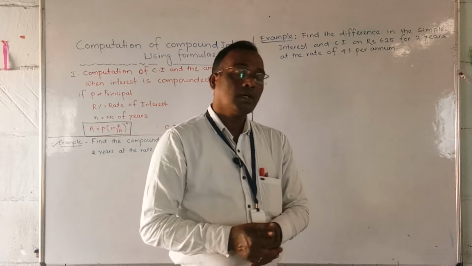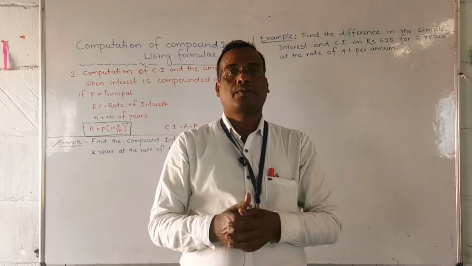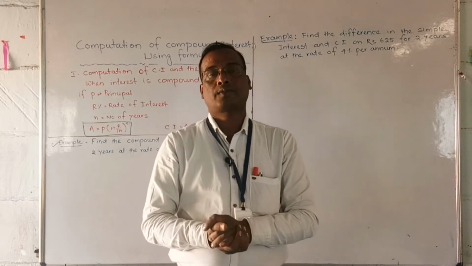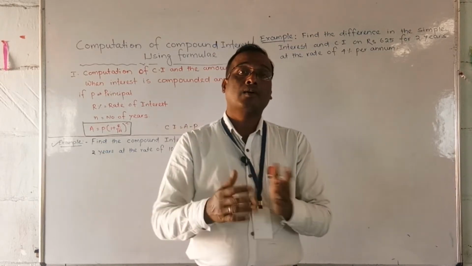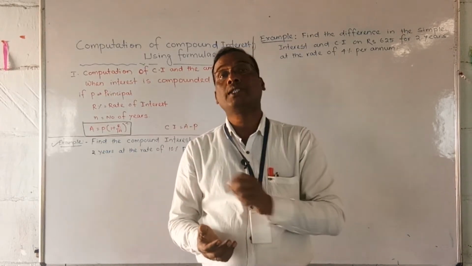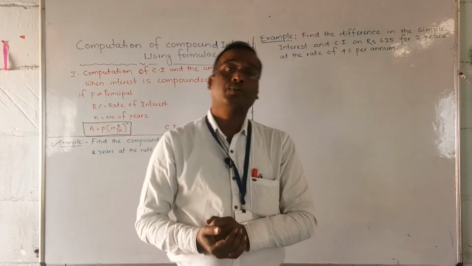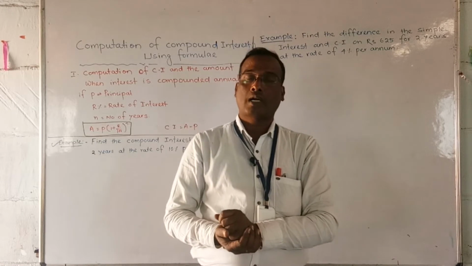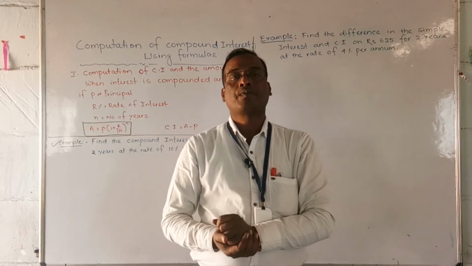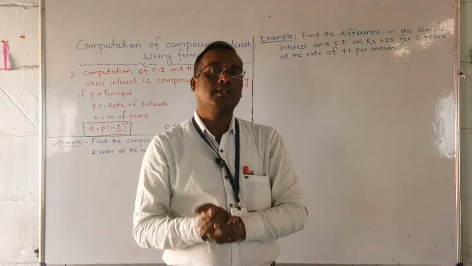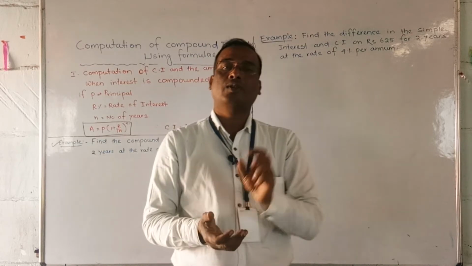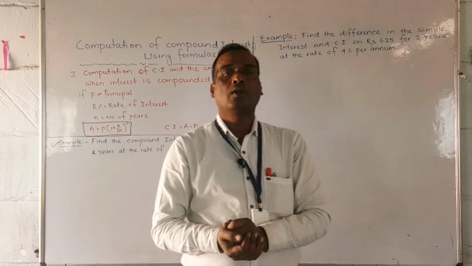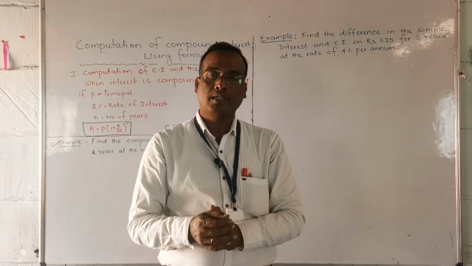Students, today we will learn the computation of compound interest when the interest is compounded annually, by using the compound interest formula. There is one special formula for interest compounded annually: amount is equal to P times (1 plus R by 100) to the power n.